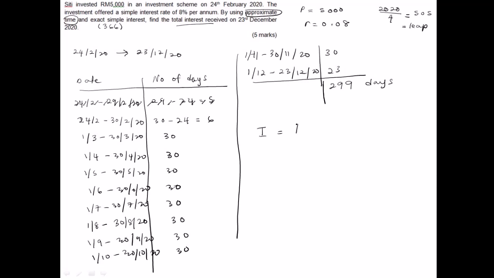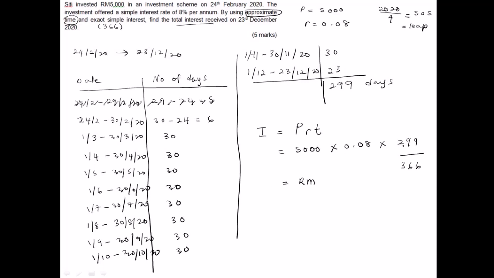Okay, and we want to find the total interest. I equals PRT. Substitute P 5000, R 0.08 and T 299 days over, because we are using approximate time and exact simple interest, since 2020 is a leap year, so over 366.